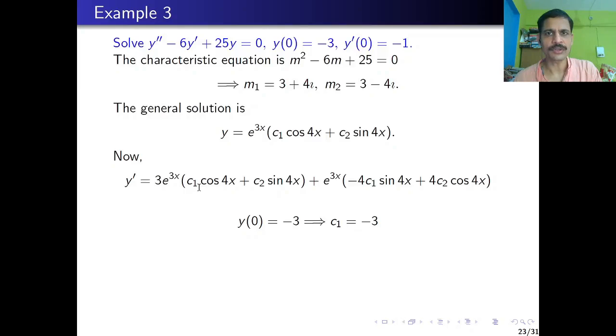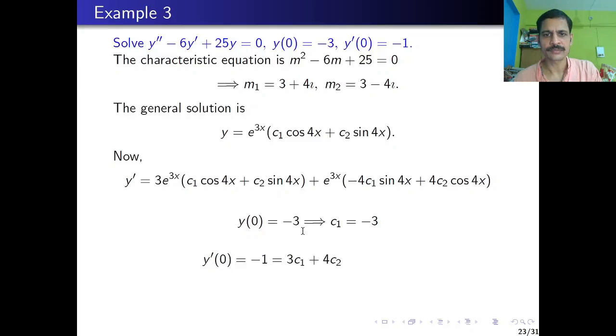Next we substitute x is equal to 0 in this equation. So when we substitute x equal to 0 here, we get 3 times, then this term will survive and this will be 0, and here will be c1, so 3c1 from this whole thing, and from this thing this is 1 and this will not survive, and here we'll get 4c2.